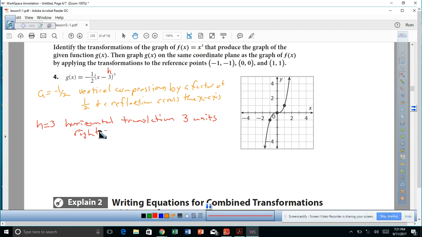I want you to note that the translation of 3 units to the right affects only the x coordinate, while the vertical compression by a factor of 1/2 and the reflection across the x-axis affect only the y coordinates.